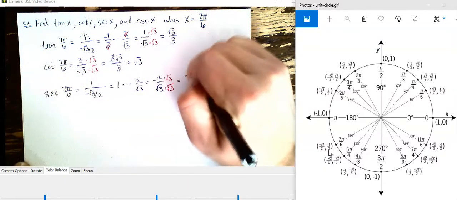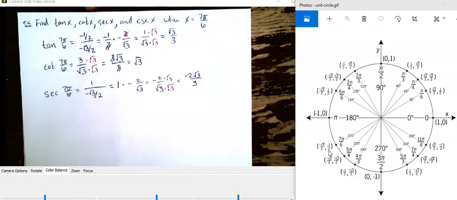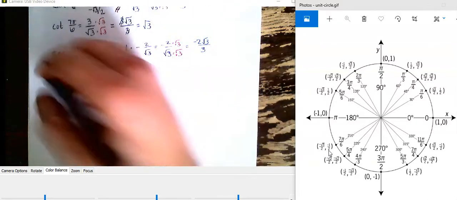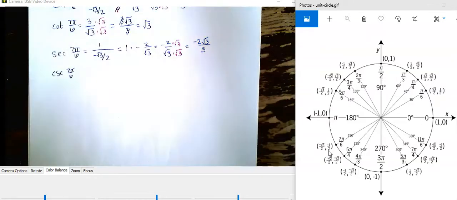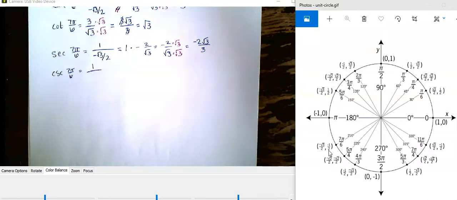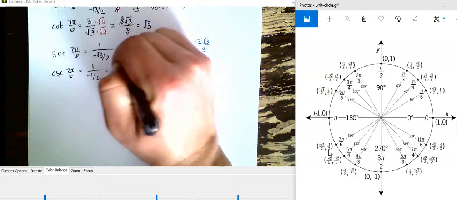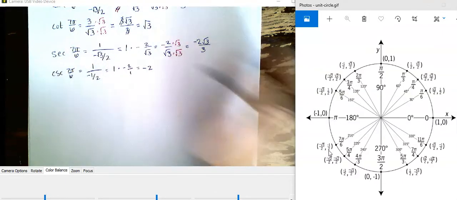So I get -2√3 over 3. Lastly, our cosecant at 7 pi over 6 is 1 over -1/2, which is 1 times -2 over 1, or -2. That one's easy.